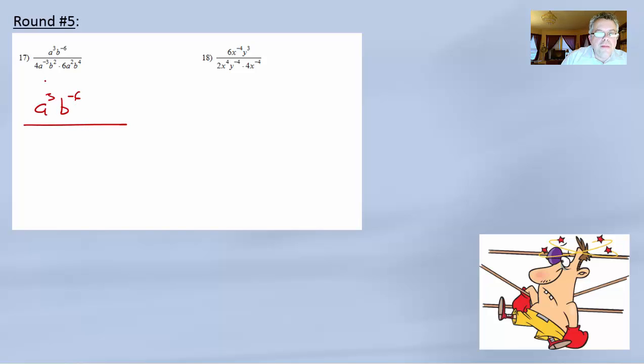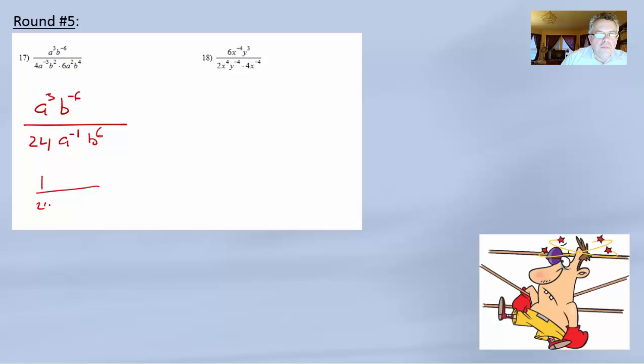All right, the denominator. Here we go. Multiply the 4 and 6. This is 24. a to the minus 3 times a squared is a to the minus 1 because we add exponents. And b squared times b to the 4th is b to the 6th. Okay, 24 is going to stay in the denominator.